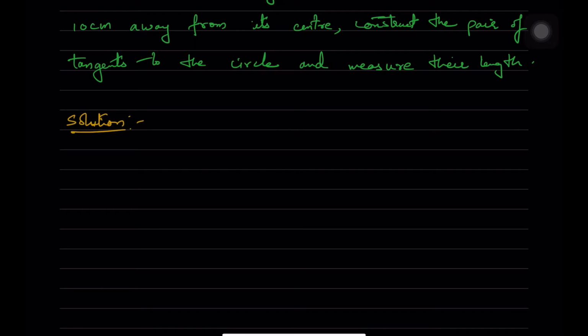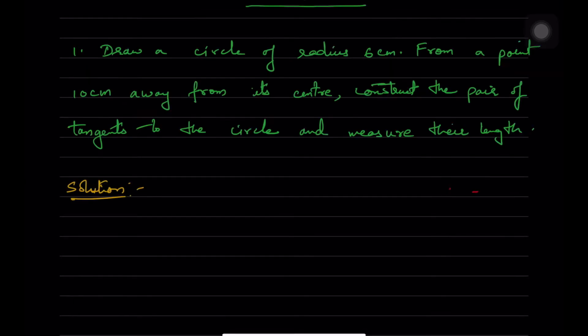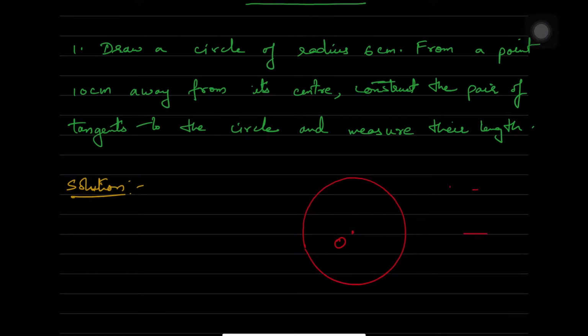We'll draw the circle and then the tangents. So what are the steps of construction? We'll see. First we construct a circle of radius 6 centimeters, with center O, then join 10 centimeters somewhere.